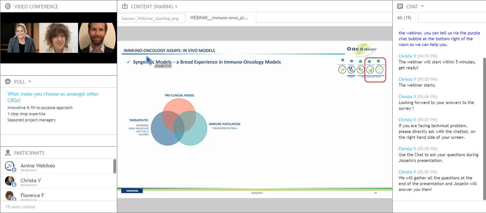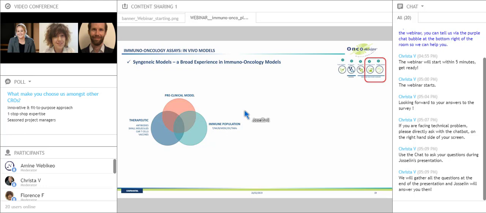So usually in immuno-oncology models, and this is very specific for syngeneic models, you have to deal with a balance between three different parts. The therapeutic you want to use, either an antibody, a small molecule, a vaccine, or a T-cell. The preclinical model you want to use, because it depends on the indication of interest and the presence of the human population of interest within this model.